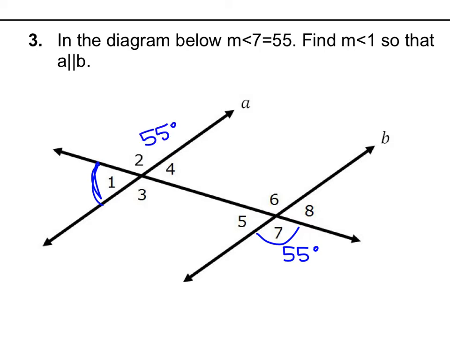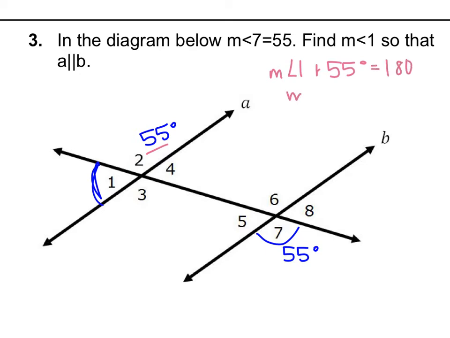Okay, and then thinking about how 1 and 2 relate, you might notice that they make a straight line. Since these are consecutive, they are going to be supplementary. Right, 1 and 2 are supplementary, so they have to add to 180. So if angle 1, we'll do this in pink, the measure of angle 1 plus 55 degrees, which I'm talking about the 2 here, is equal to 180.